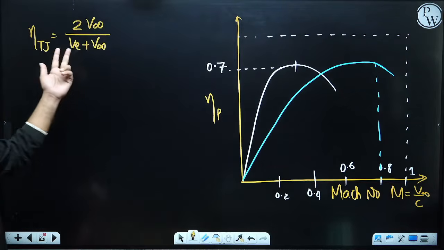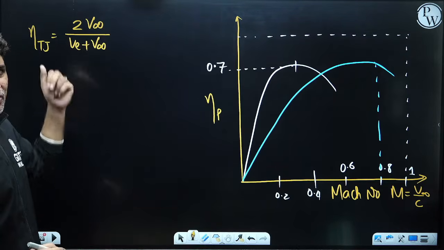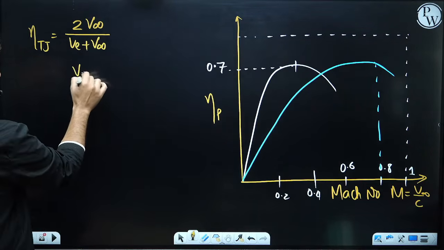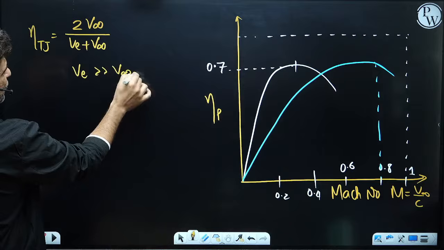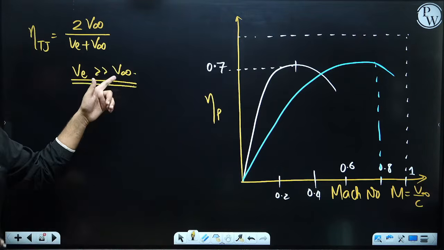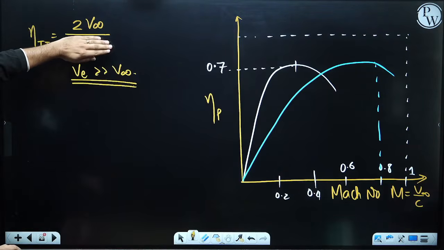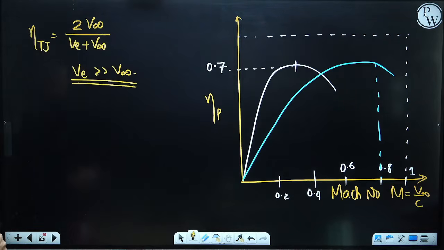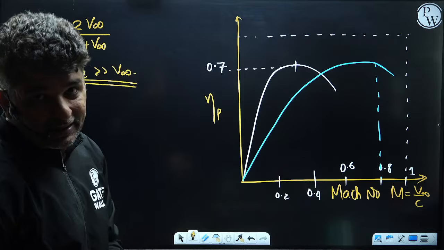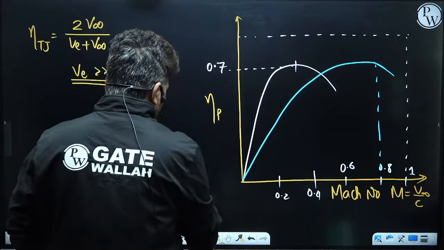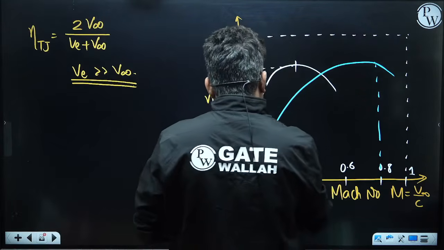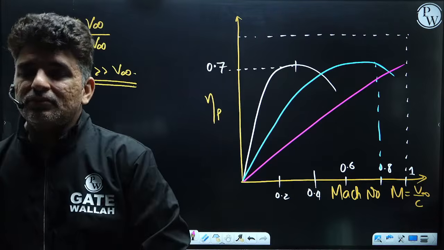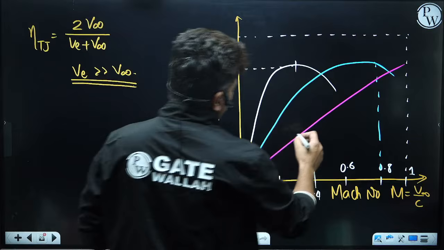In case of a turbojet, V exit is much higher than V infinity, so the bottom parameter will be almost constant, and the efficiency will be directly proportional to V infinity. So in case of turbojets, the curve almost goes like this. This is your turbojet.